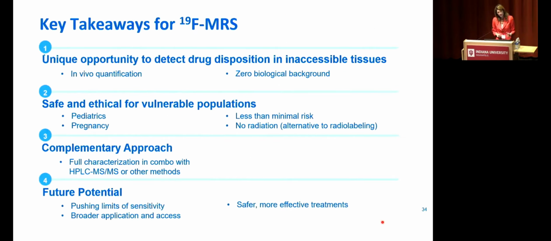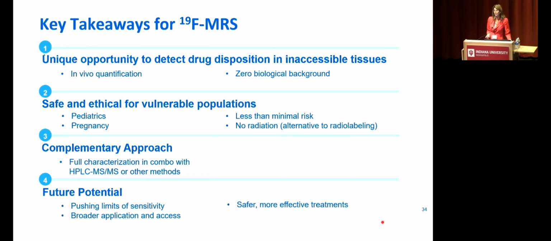So key takeaways for 19F MRS: it provides a unique opportunity to detect drug disposition in inaccessible tissues, and it does offer that zero biological background. So if you're detecting fluorine, it's because it was put there, you were taking it, it's not there otherwise. Safe and ethical for vulnerable populations, less than minimal risk as a procedure, and no radiation.